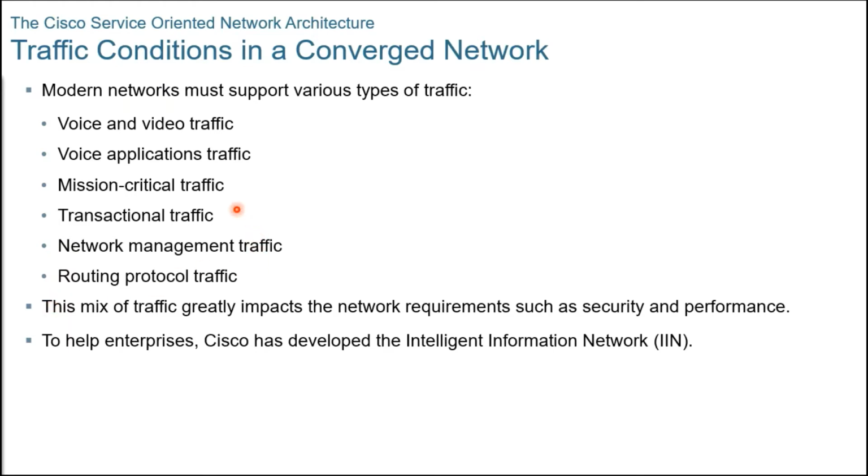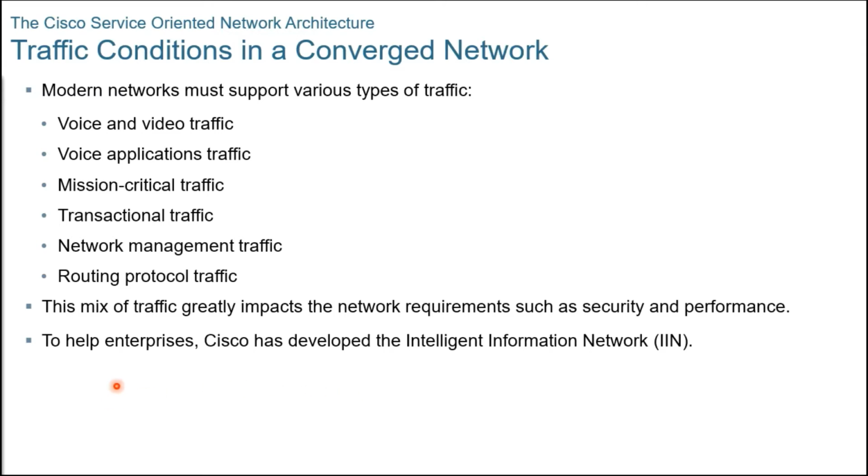This mix of traffic greatly impacts network requirements such as security and performance. Security and performance are a challenge to network administrators, systems administrators, or network managers. Basically, you have to balance security and performance.